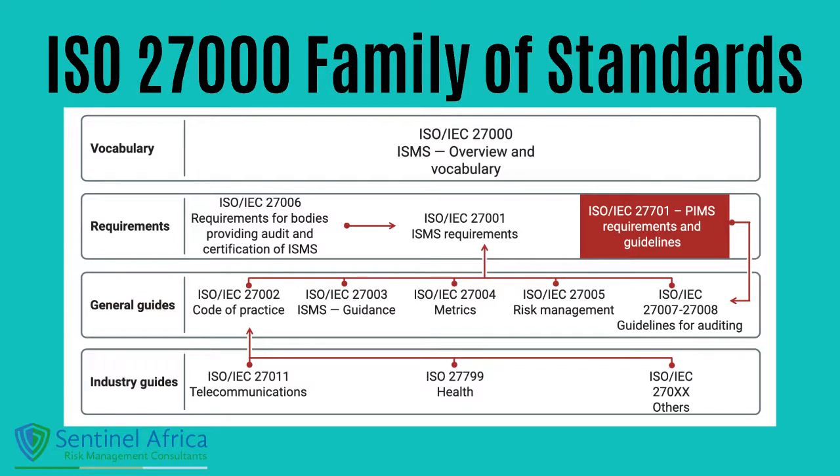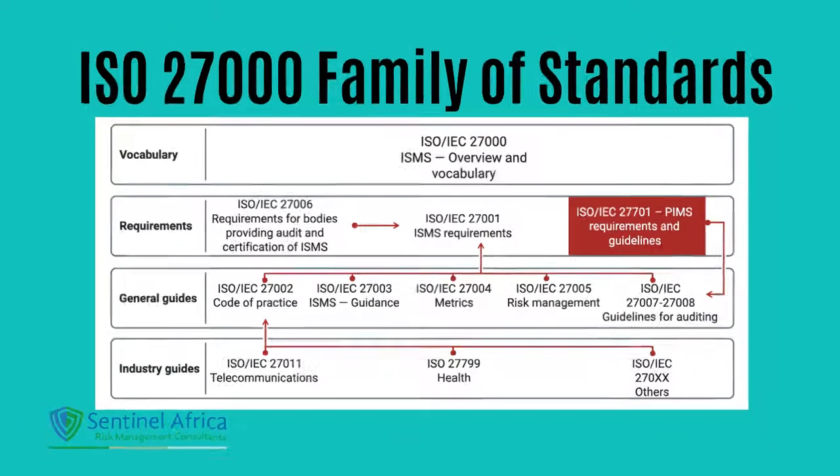So they're actually two different certificates. Now, below there, you have general guides and then you have industry guides. So, depending on the industry, you can get recommendations that are very specific to your industry, or you can have general guides that are recommendations that give you ideas about how to implement some requirements that have been stated up there in the requirements documents.